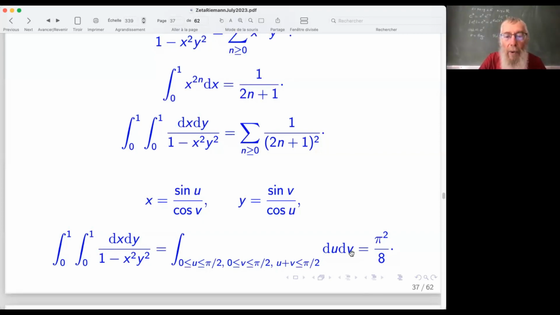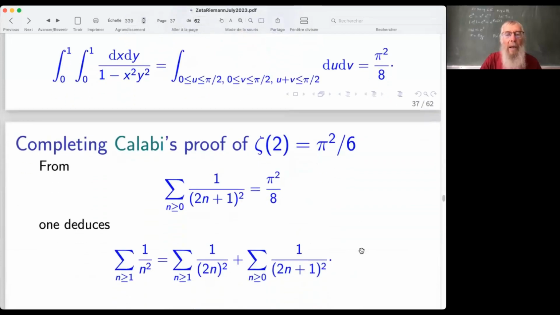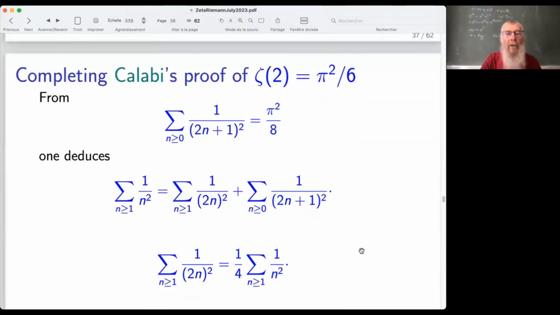It's just the area of this domain, and the area is pi square over 8, which corresponds to the pi which are here. So we get the sum of the 1 over (2n plus 1) square as pi square over 8. It's not exactly the formula, but after that, it's easy to recover the formula for zeta of 2.